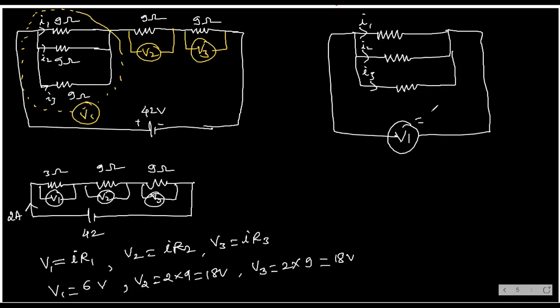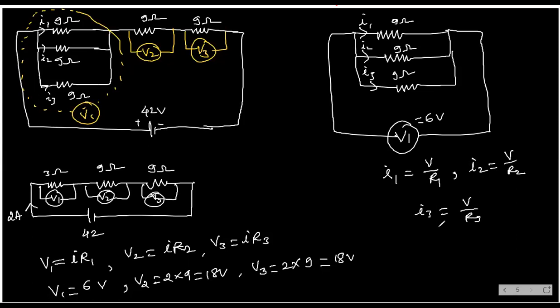So this is 6 volts, and this is 9 ohm. This is also 9 ohm, and this is also 9 ohm. Now see, I1 is equal to V by R1. I2 is equal to V by R2, and I3 is equal to V by R3, in parallel combination. So I1 is equal to 6 by 9, that is 2 by 3.